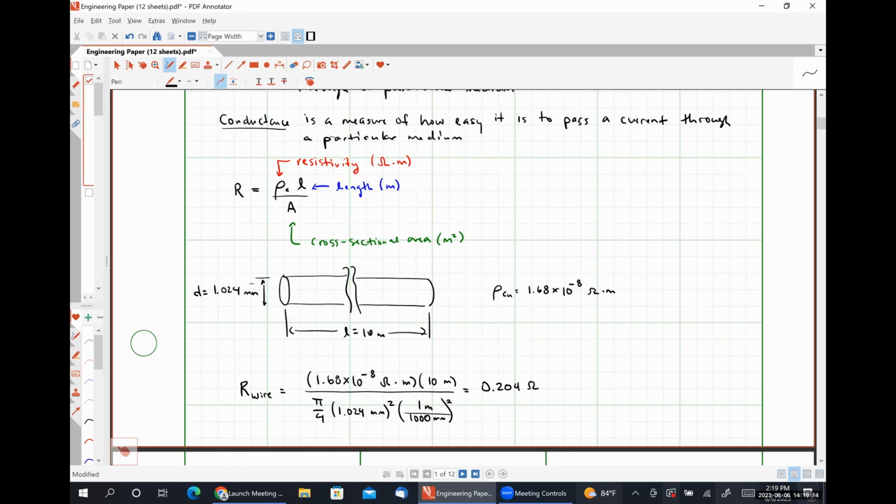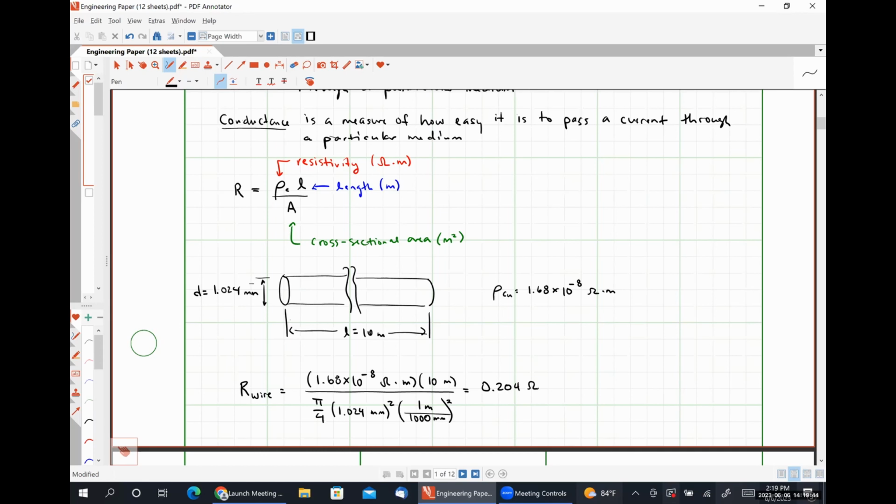So if the length is much smaller, what would we expect the resistance of a short run of wire to be? It would be lower. Exactly right. So if the length is smaller, the resistance is smaller, okay? So for AWG number 18 wire gauge, if it were 1 meter, it would be 0.02.